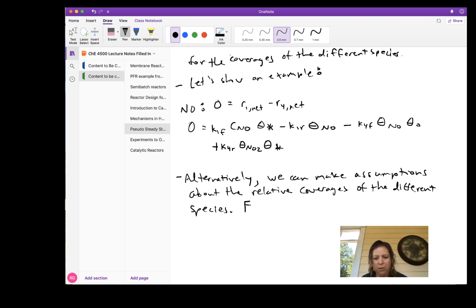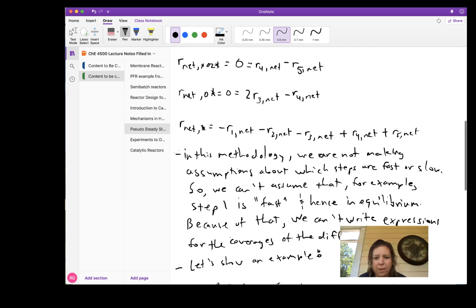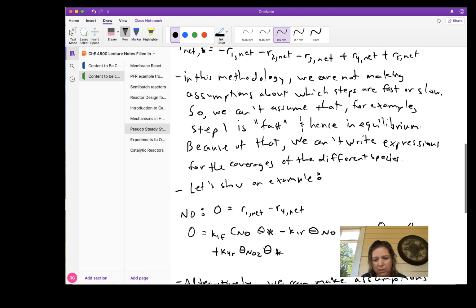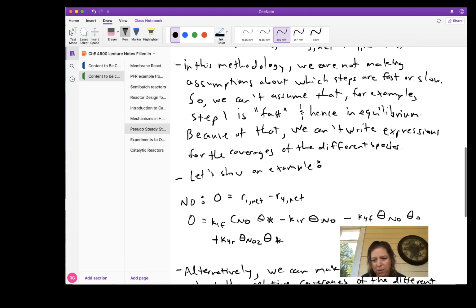So, for example, we may assume theta O is close to 1 and theta everything else is close to 0. If we were to do that, then the only expression that we would need to solve would be this expression. All of the other expressions would go to 0 because their rates would be so small.